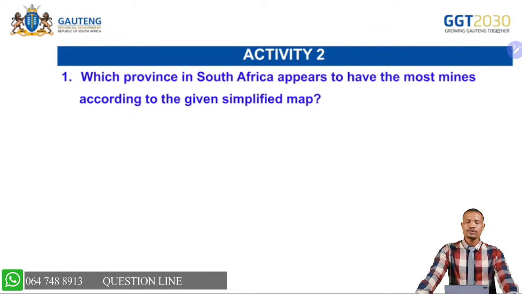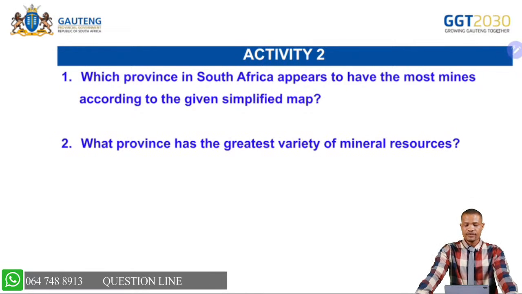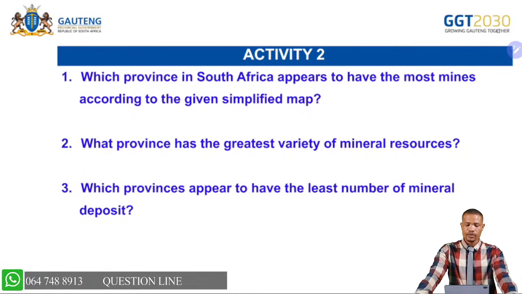So now let's do the first questions together. Which province in South Africa appears to have the most mines according to the given simplified map? What province has the greatest variety of mineral resources? Which province appears to have the least number of mineral deposits?